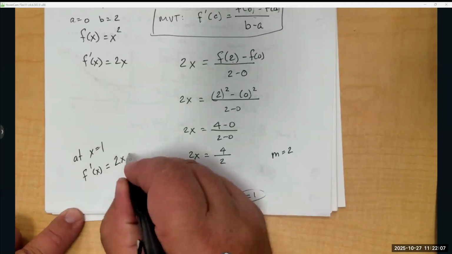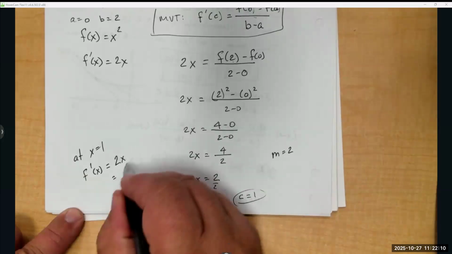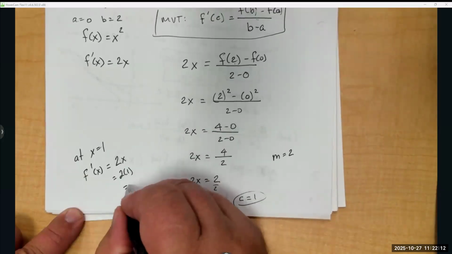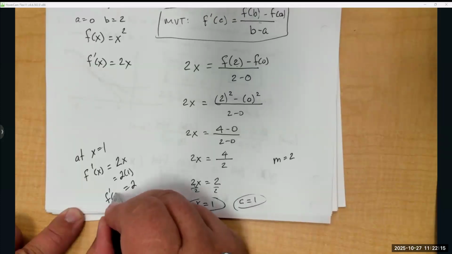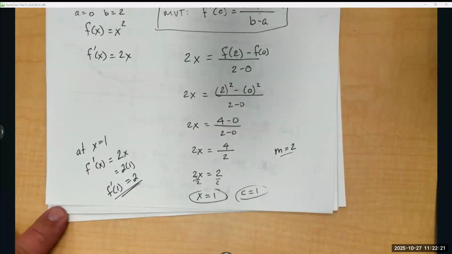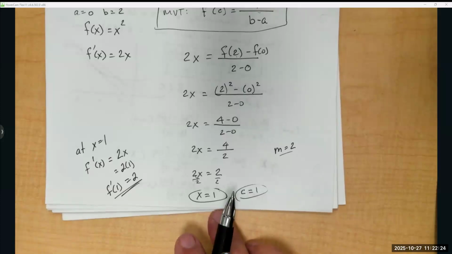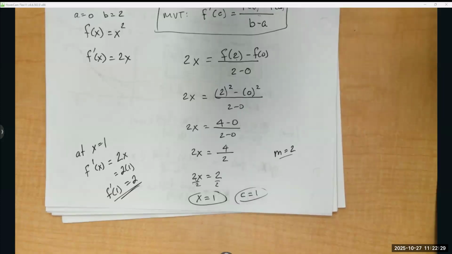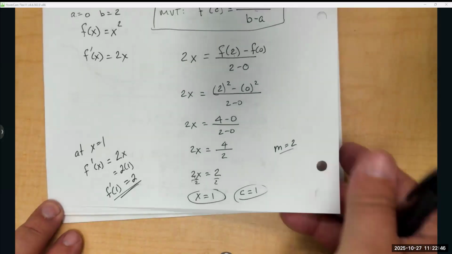So since the derivative equals 2x, we have 2 times 1 is equal to 2. So that's what it tells us. So it proves to us that the instantaneous rate of change is equal to the average rate of change. This is the exact proof of it. Let's put another example.